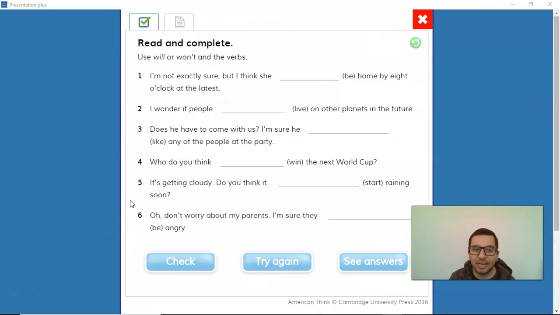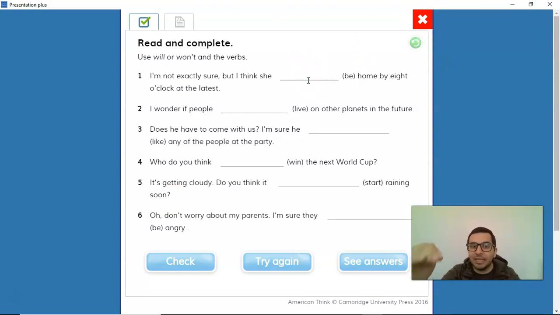Alright, let's check answers for activity 2. Number 1. I'm not exactly sure, but I think she blank be home by 8 o'clock at the latest. Alright, so a future certainty.